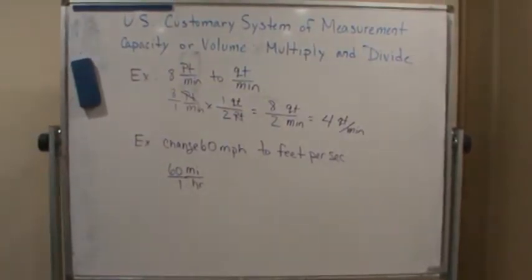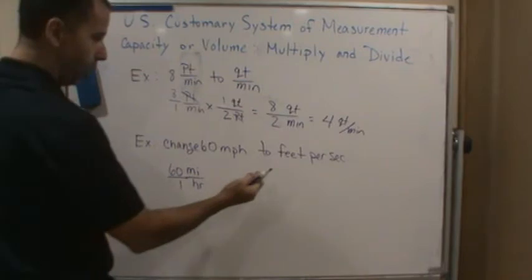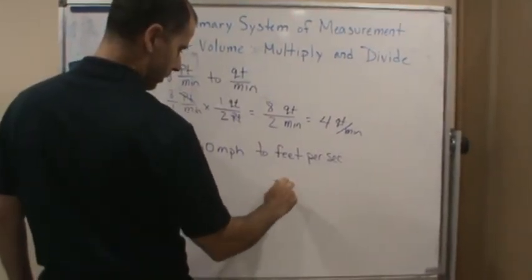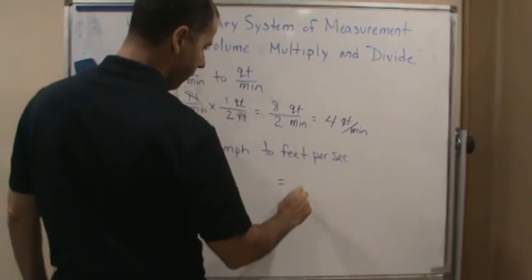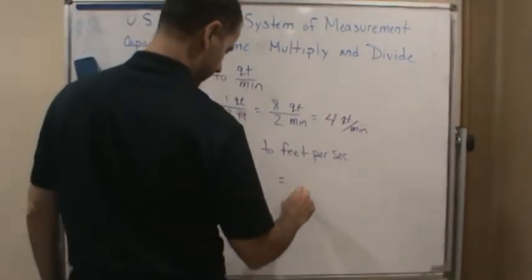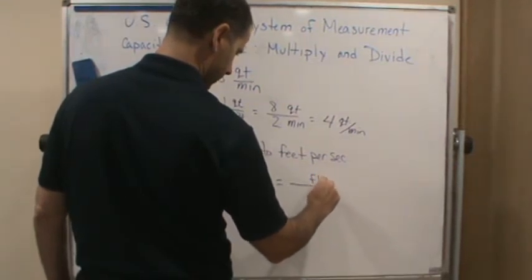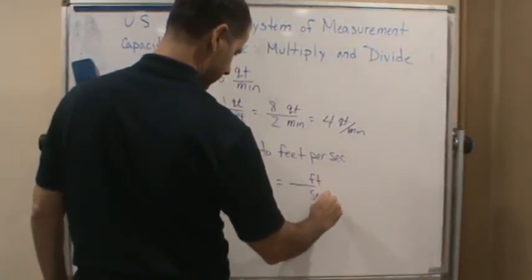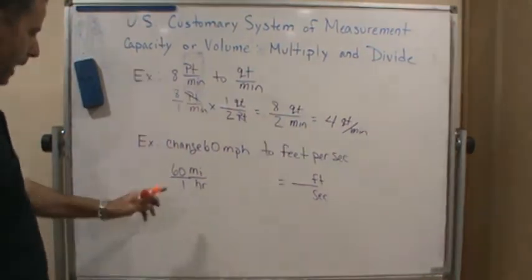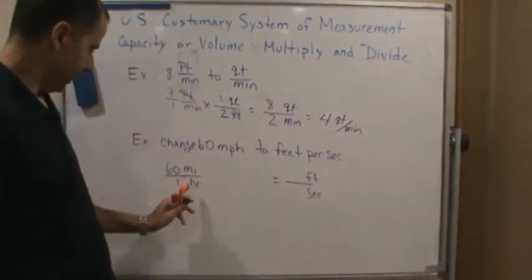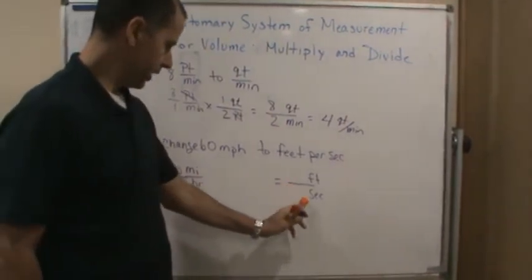Now, again, the goal is we want to get to feet per second. So now miles needs to change to feet, and hours needs to change to seconds.